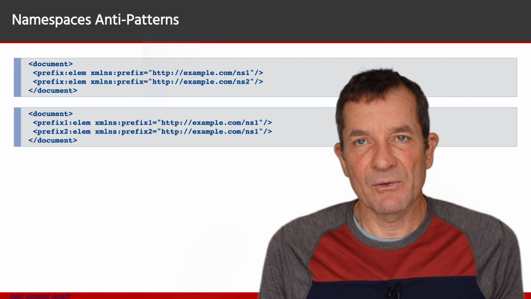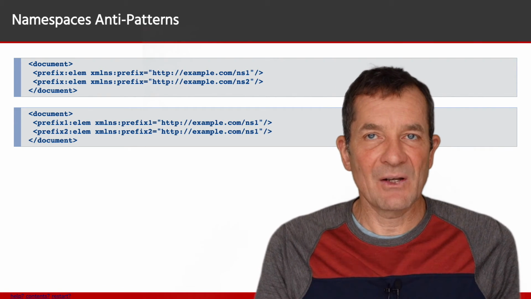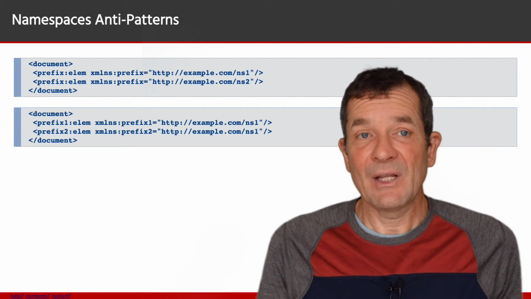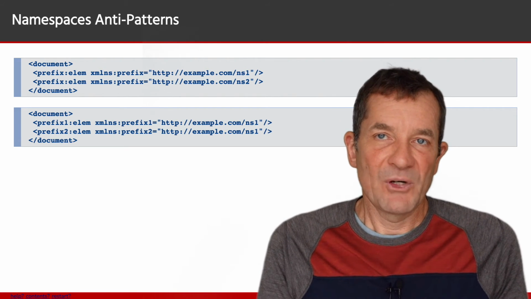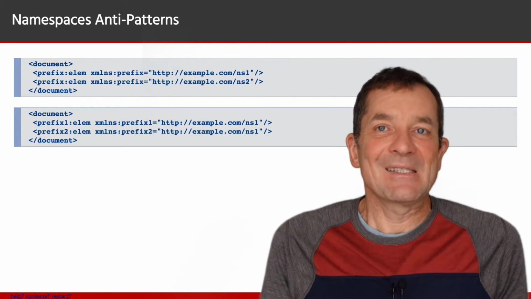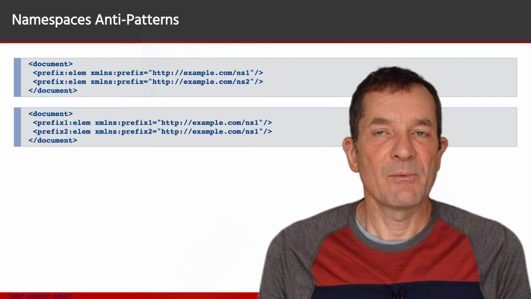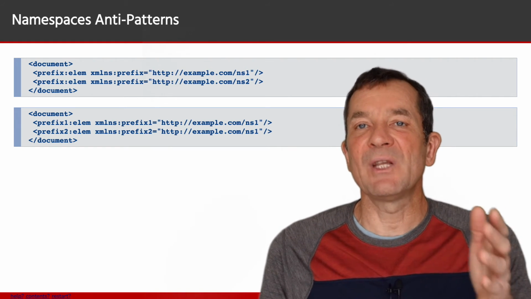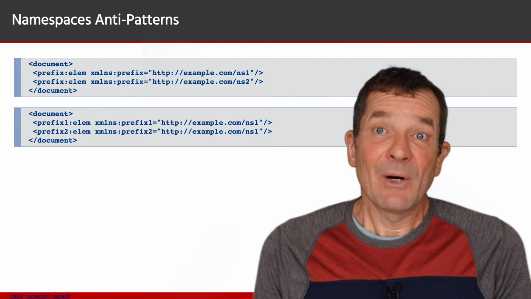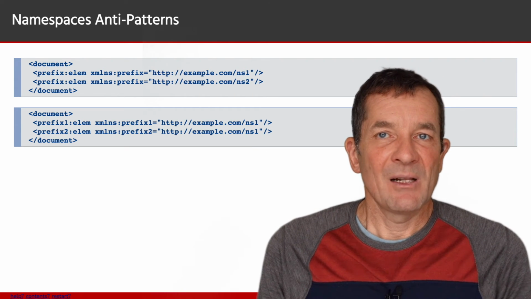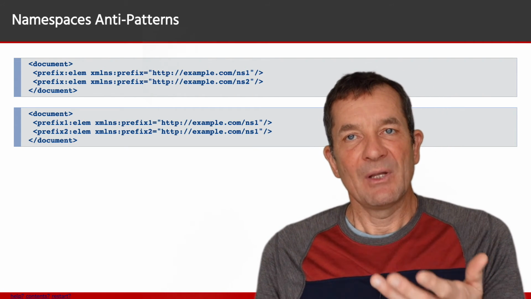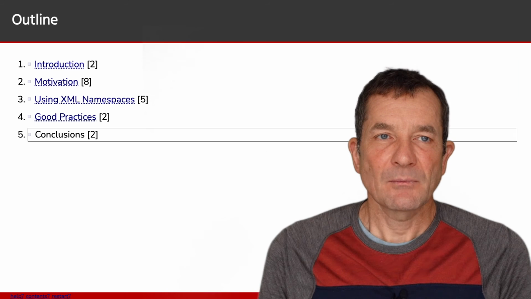That makes it confusing, because now you cannot see as clearly as you should that the two elements with prefix 1 and prefix 2 are actually the same element from the same namespace. So don't do these things. Try to write software, when you are producing XML, that doesn't create output that follows these anti-patterns.